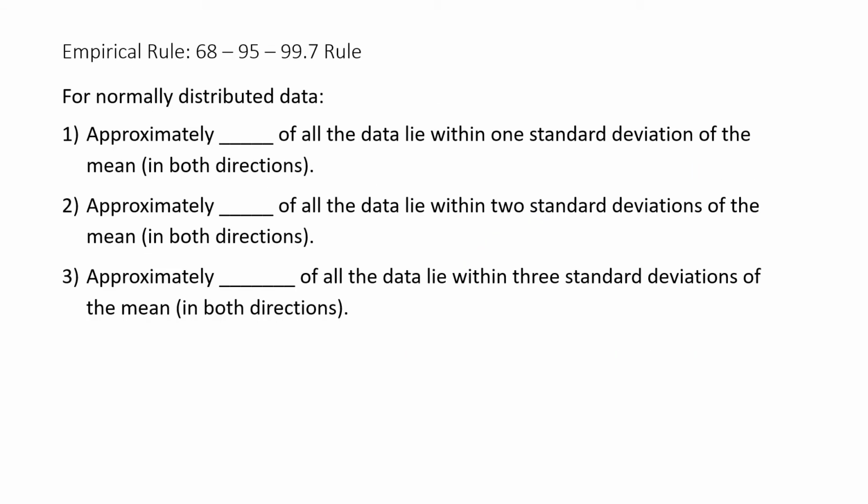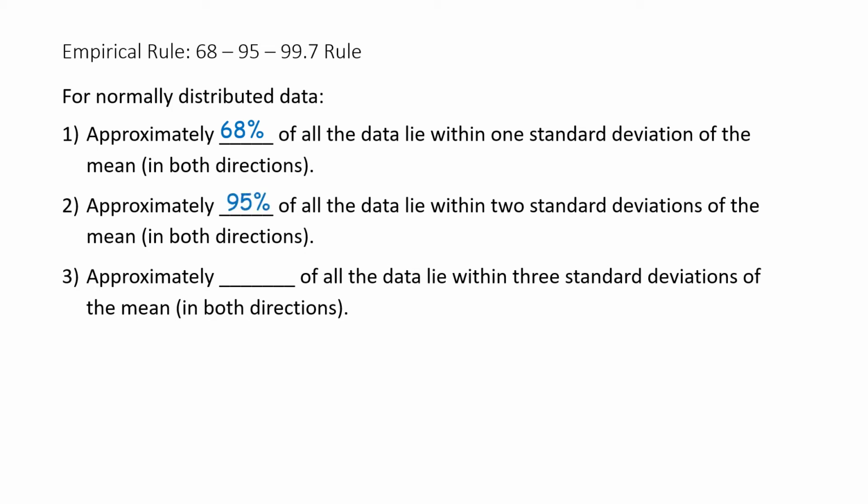What we just completed takes us to something called the empirical rule, which is also called the 68, 95, 99.7 rule. For normally distributed data, approximately 68% of all data lie within one standard deviation of the mean in both directions.